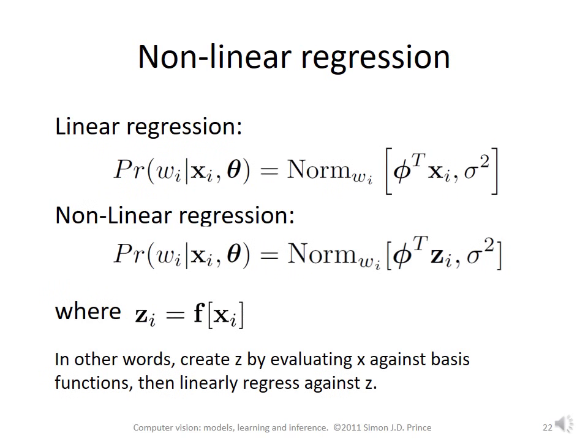And this is the simplest way to do it. We take our old linear regression model where we have phi vectors, a phi vector applied to our measurement data x, and instead we're going to do nonlinear regression where we have a different phi vector applied to some z vector, where z is simply a nonlinear function of x.